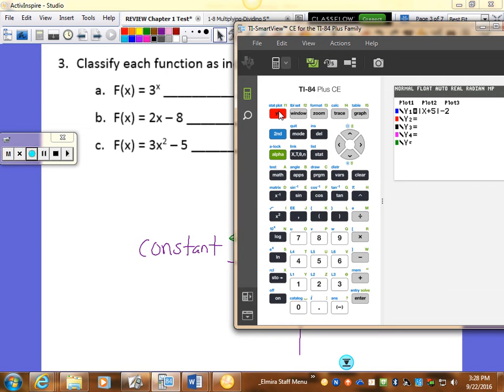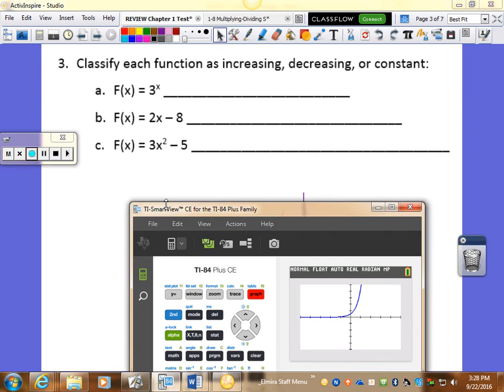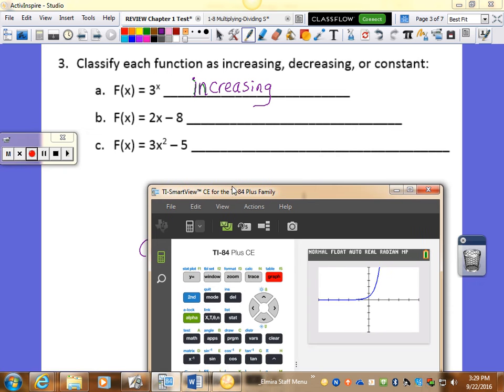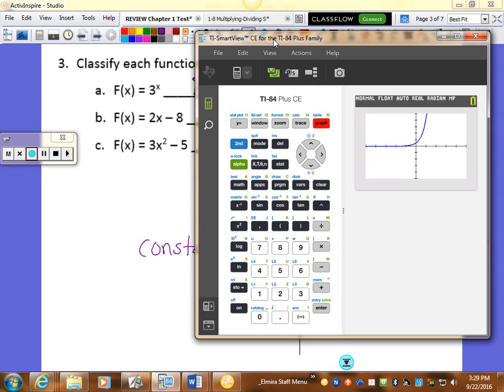So if I was going into this first one and it says 3 to the x power, I would type 3 caret x and hit the graph key. And now by looking at it, I can see that that function is increasing. Okay, that function was going up.